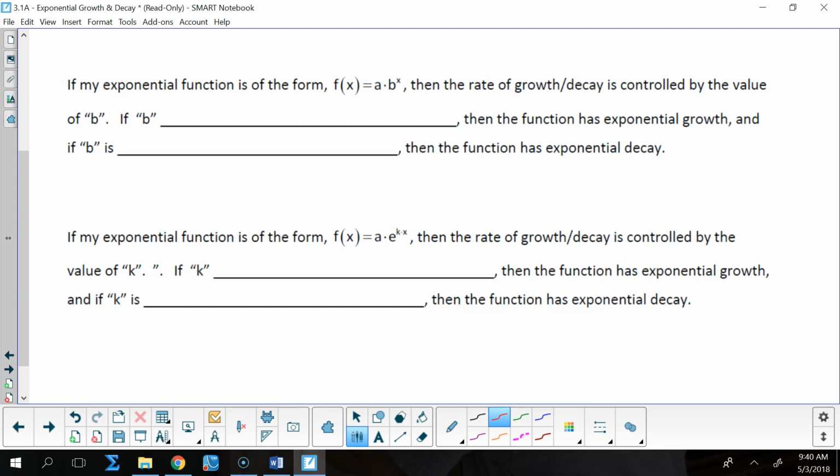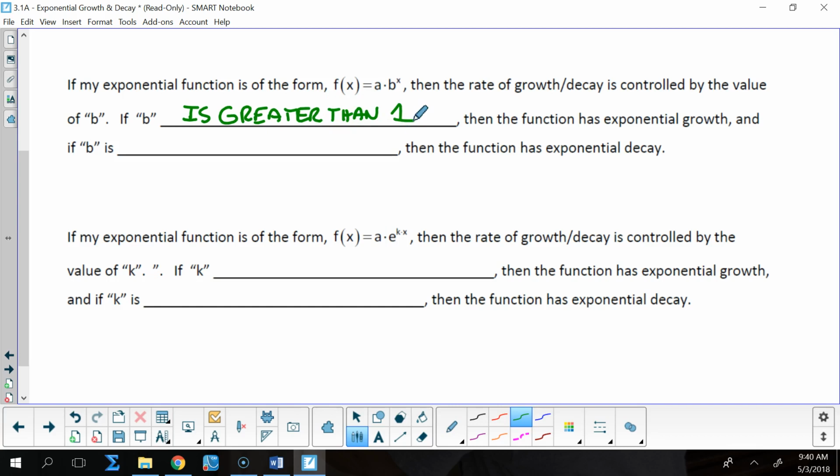If my exponential function is of the form f of x equals a times b to the x, then the rate of growth or decay is controlled by the value of b. If b is greater than 1, then the function has exponential growth.